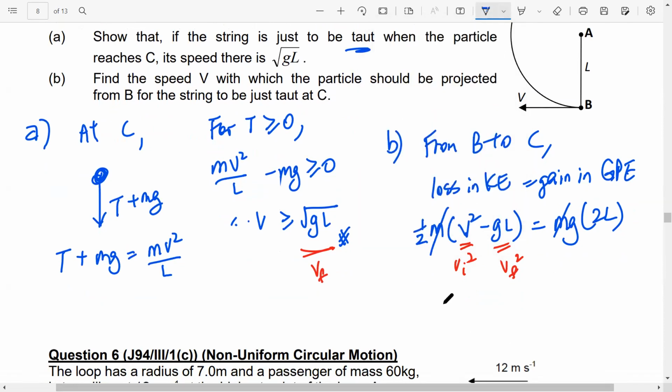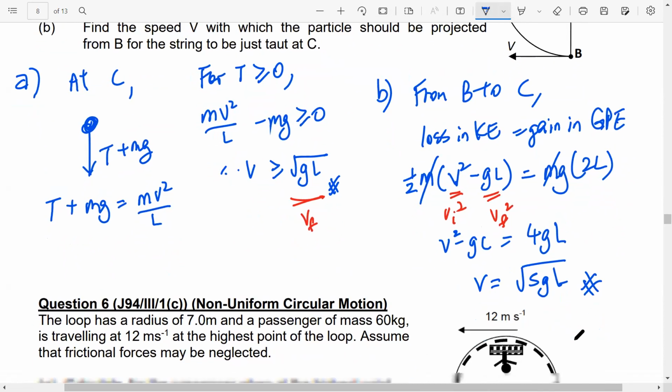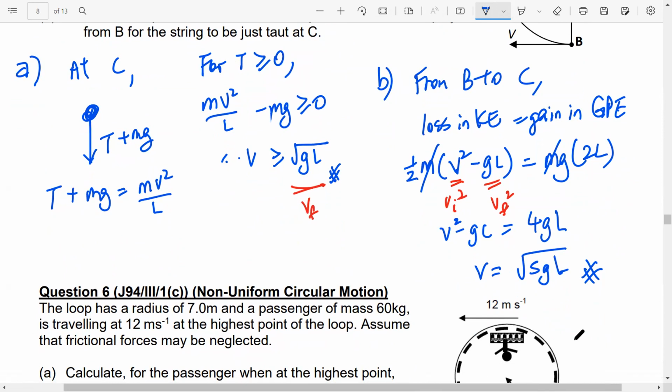The m cancels out. Square root of 5gL. Okay, question 6.